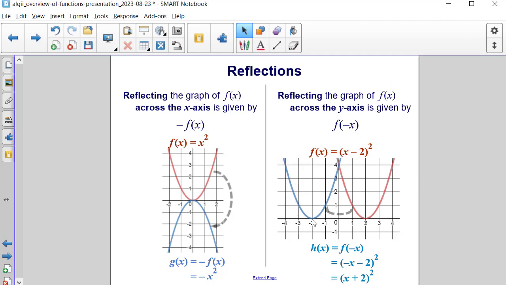Now some of you may be wondering, wait a second, h of x is also equal to the quantity x plus 2 raised to the second power, because the vertex is at negative 2, 0.